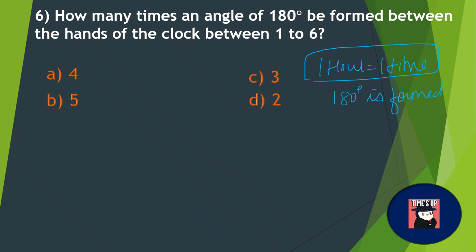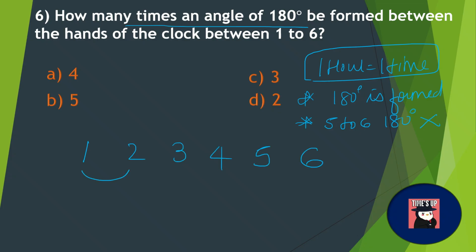Correct? Another thing you need to remember, from 5 to 6 o'clock, a 180 degree angle is not formed. Correct? Now they have said 1 to 6 o'clock, how many times will an angle of 180 degree be formed? 2, 3, 4, 5, 6. Here, one time.